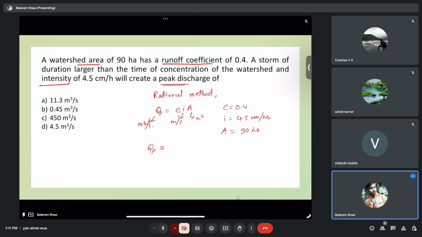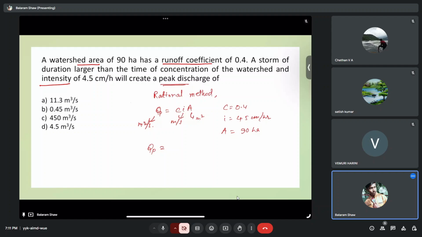I'll try once. So the runoff coefficient is how much? It is 0.4 into, we have intensity as 4.5 centimeter per hour, that is 4.5 meter per hour into 60, into 90 hectare, that is 98.4 meters square. Just do this, how much are you getting?